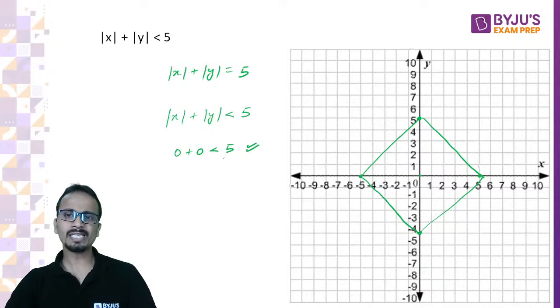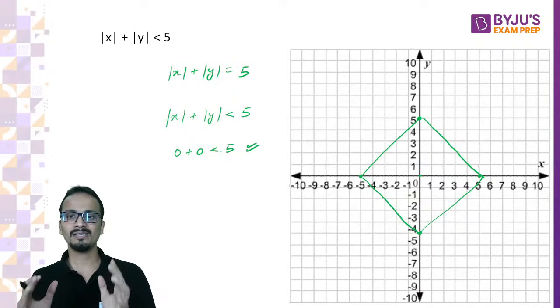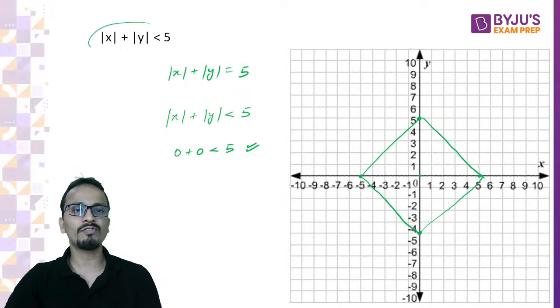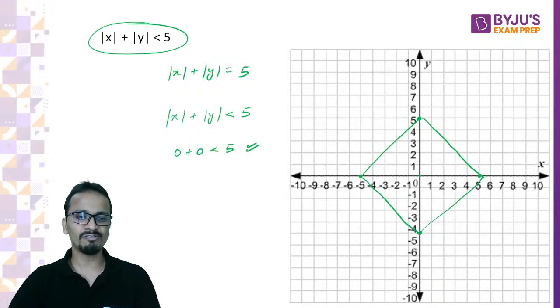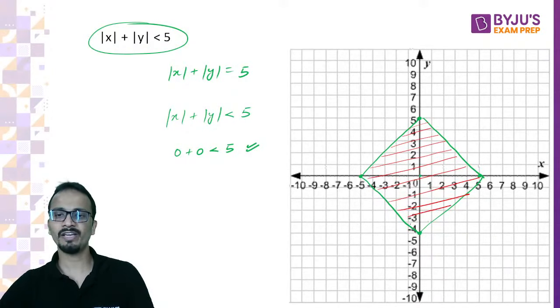So we can say that the entire region which is lying inside this bounded region will be the region for mod x plus mod y less than 5. So let us shade that entire region. So this particular region which I am shading now will be the graph for mod x plus mod y less than 5.